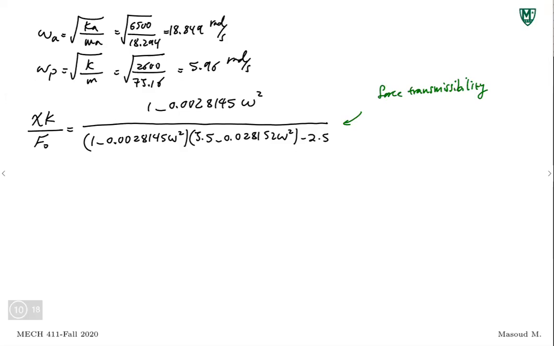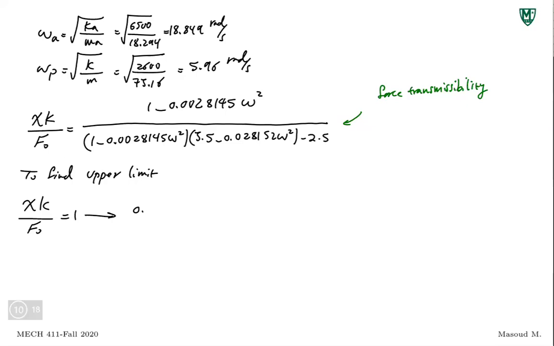So how do we find the upper and lower limit? Well, to find the upper limit, make this equal to 1. Xk over F naught is equal to 1. You will get this equation. I'll write the general form.